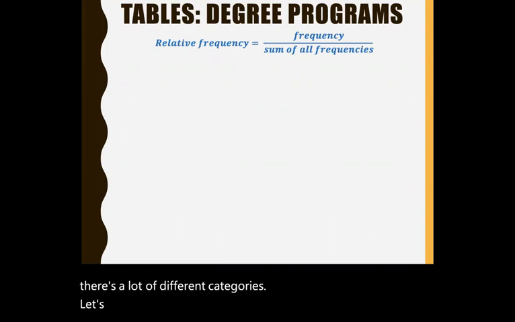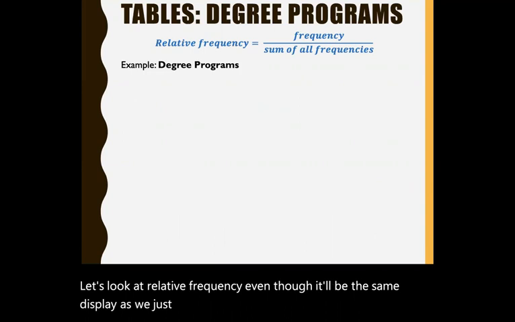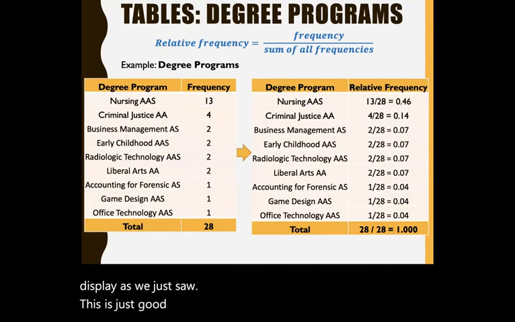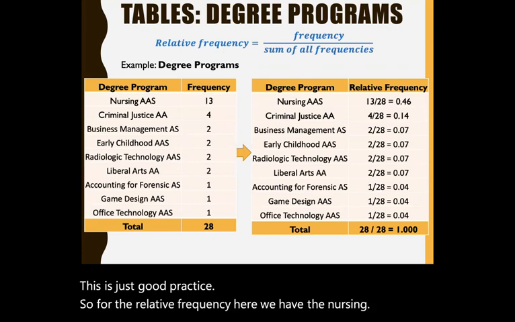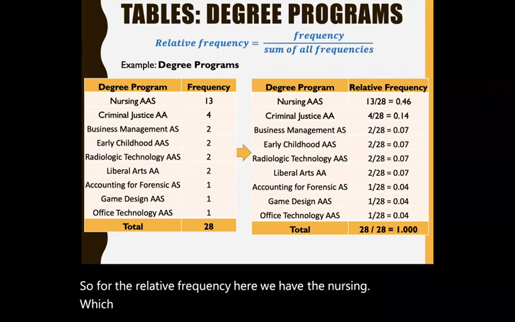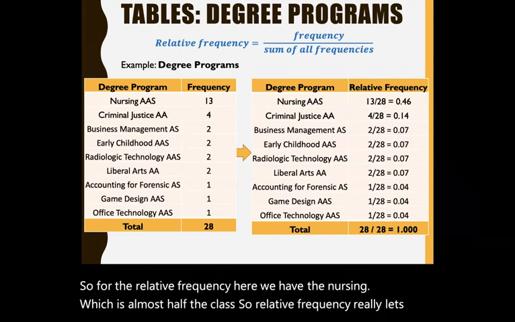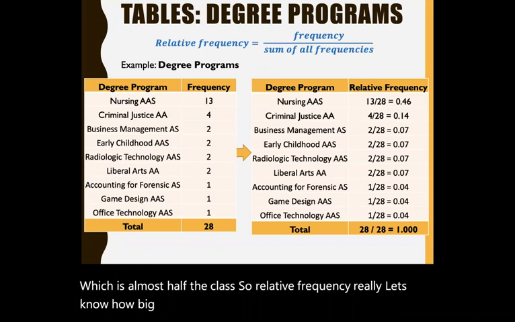Let's look at relative frequency, even though it'll be the same display as we just saw. This is just good practice. So for the relative frequency, here we have the nursing, which is almost half the class. So relative frequency really lets you know how big the population is for that degree program.